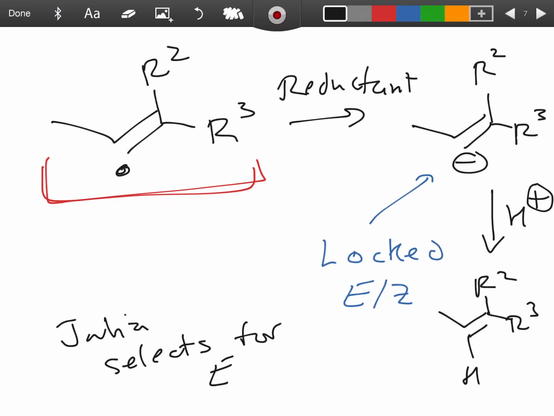So there's a few examples of this that I have that are just basic Julia olefinations. I specified this is the classic Julia olefination, which is a 3-step procedure: addition, add the acid chloride, then do your reduction. And then there's another version of this that does everything in a single step.